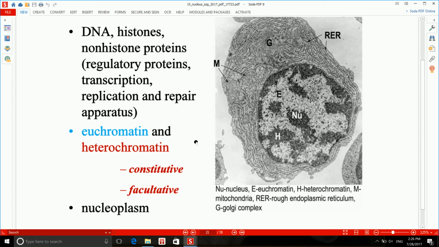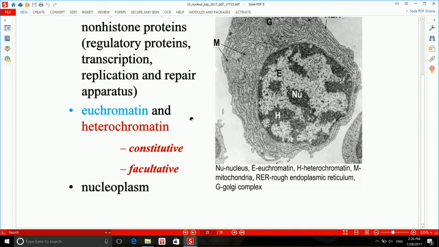So one other thing about heterochromatin that you need to know is that heterochromatin itself divides into two categories: constitutive and facultative heterochromatin. Constitutive heterochromatin is giving what it is in its name, that it is always heterochromatin. No matter what, this type of heterochromatin remains heterochromatin.